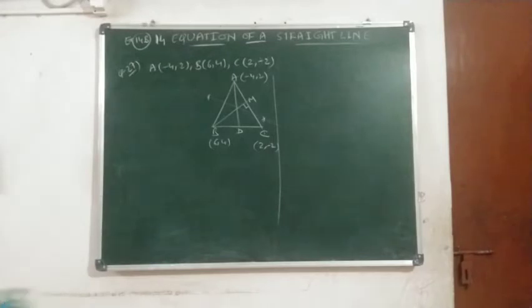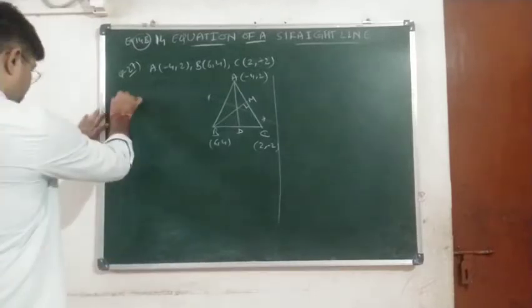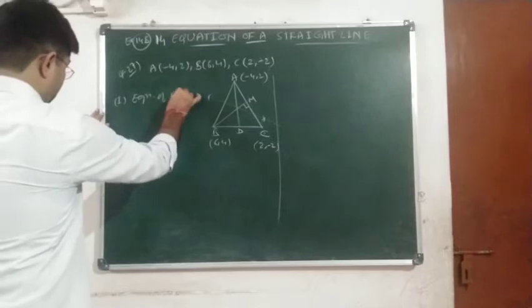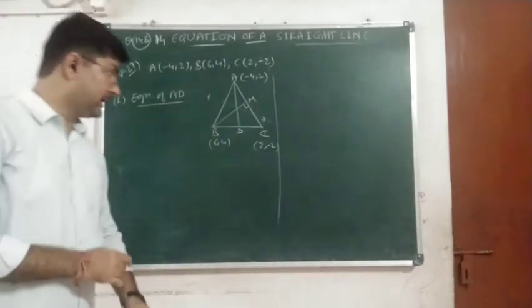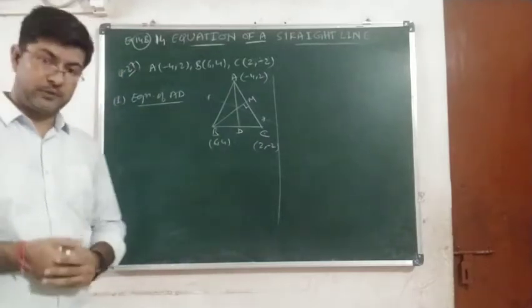Now we have four different things to find. The first thing is the equation of AD. We know that AD is the median. If AD is the median, it means D is the midpoint of BC.